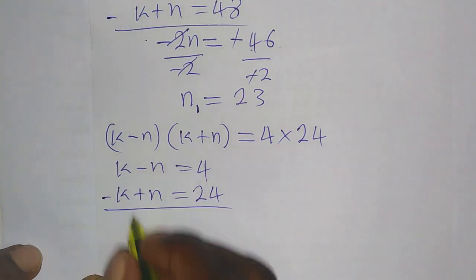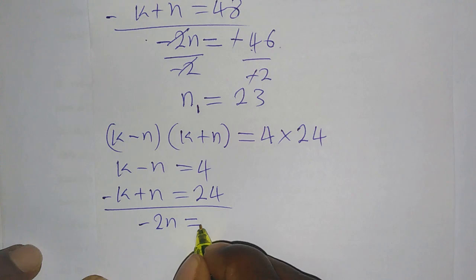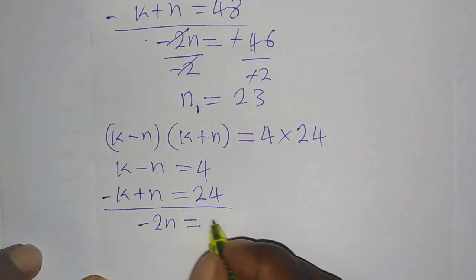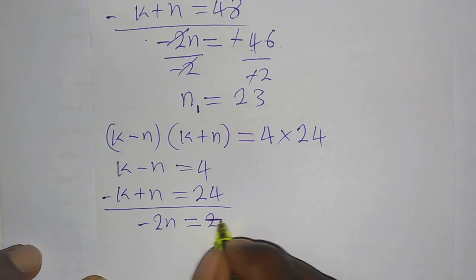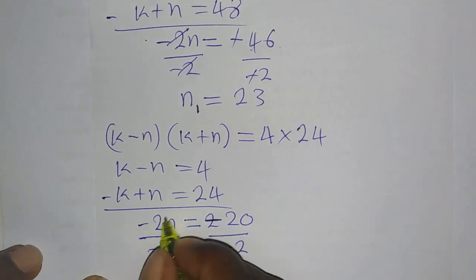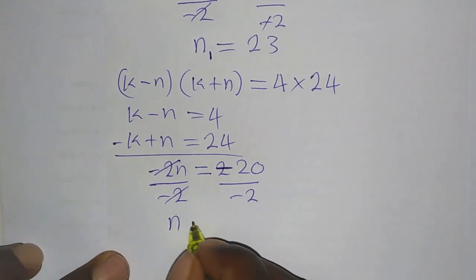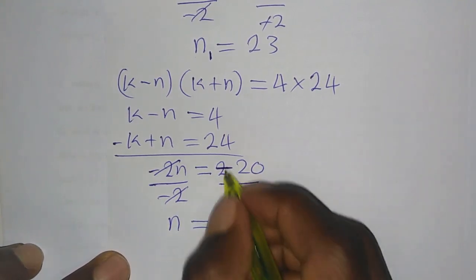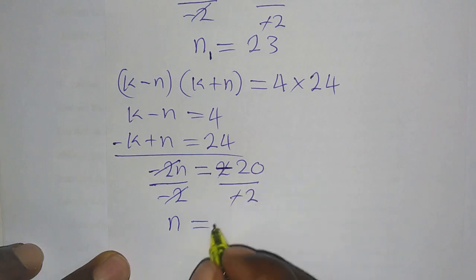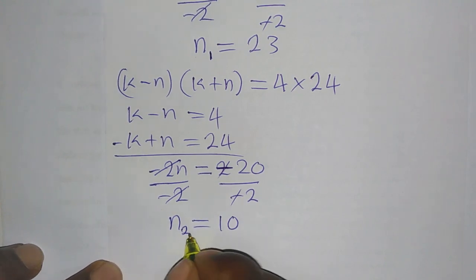If we subtract the two equations, we have minus 2n equal to minus 20. Therefore, we divide both sides by minus 2. Therefore, our value of n is equal to 20 divided by 2, we have 10. This is the second value of n.